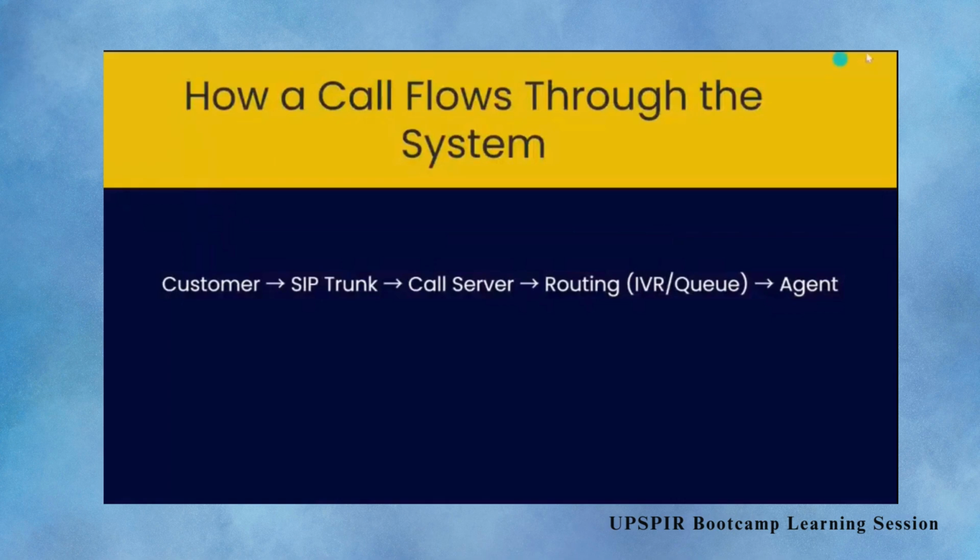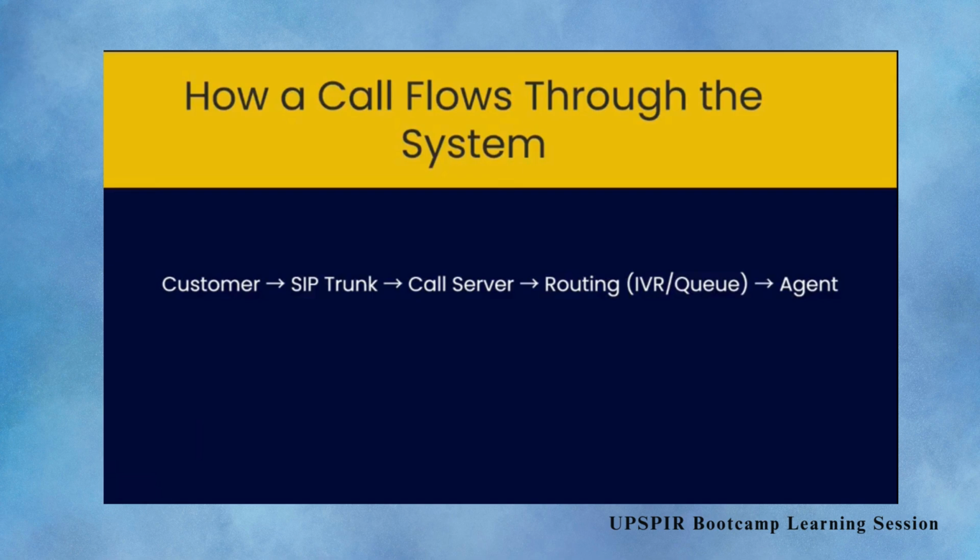A typical call that happens, say an incoming call in a system, right? It will be customer on a SIP trunk, then call server, then the IVR or queue, and the agent. You might have experienced this, that when you call a bank or a service provider, you are received by an interactive voice response.